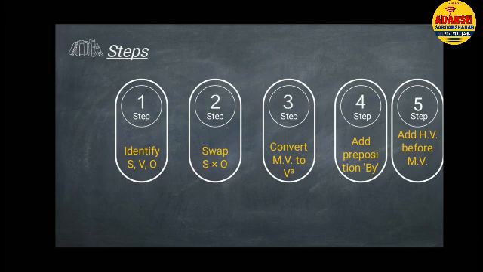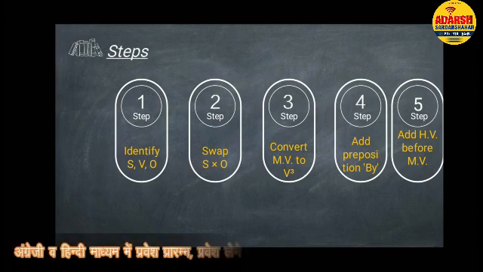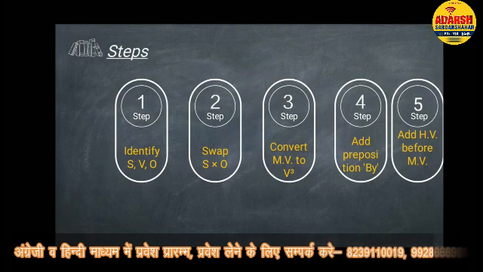And fourth step, add the preposition by. We put by before our subject. While the fifth and main step is add helping verb before main verb. We have to put the correct helping verb so that our sentence would be correct.